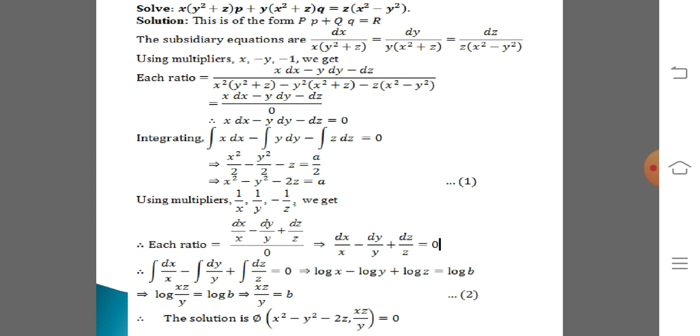The next question is to solve x into (y square plus z) p plus y into (x square plus z) q equal to z into (x square minus y square).